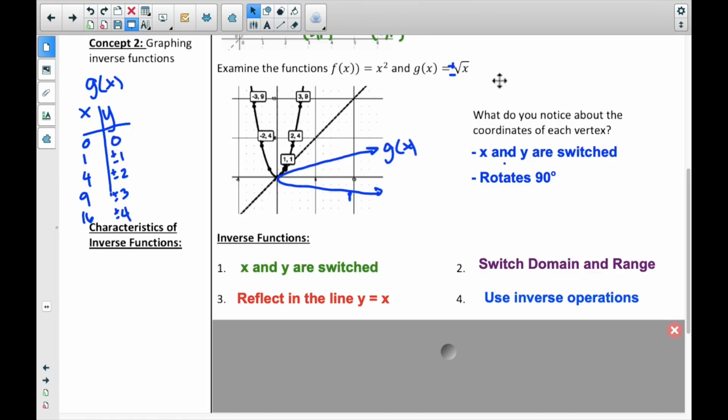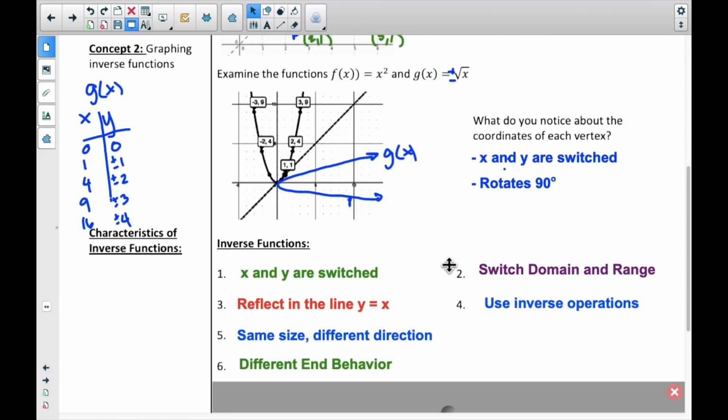So any time that we use inverse operations, we have to become aware that we might have inverse functions going on. We need to be careful because sometimes it looks like they're inverses and they're really not, but they will use inverse operations.